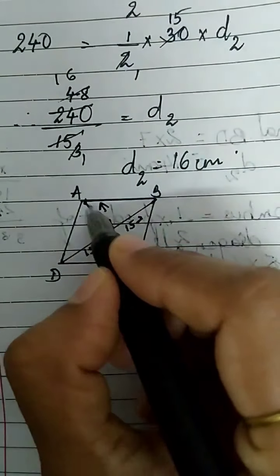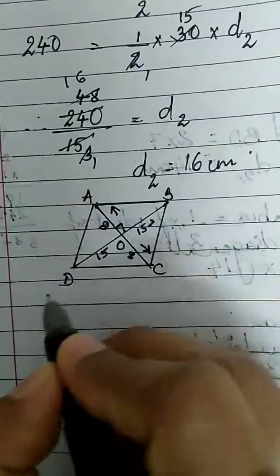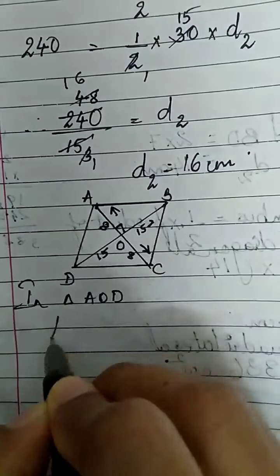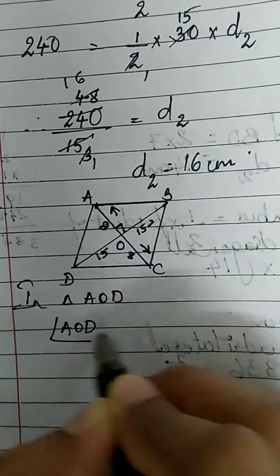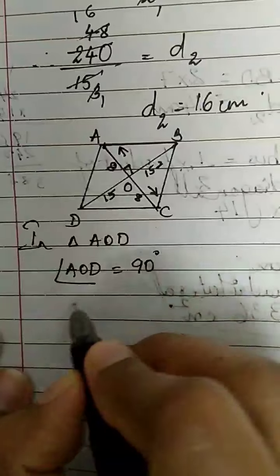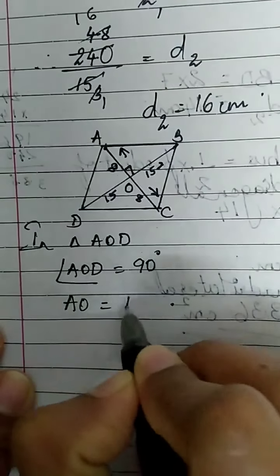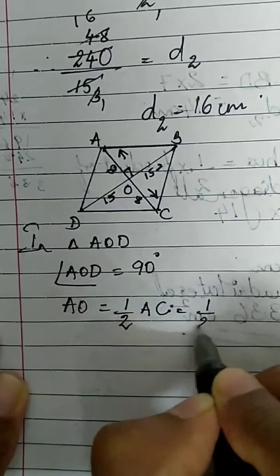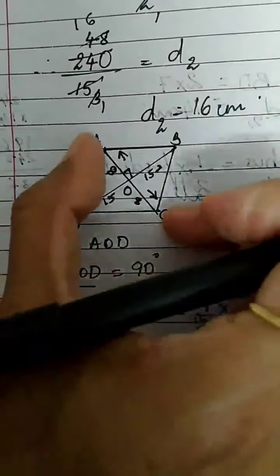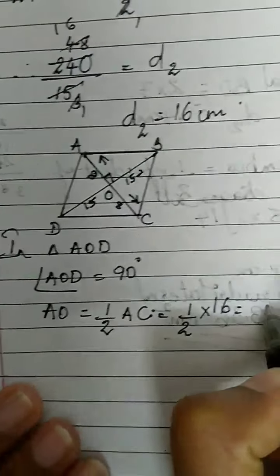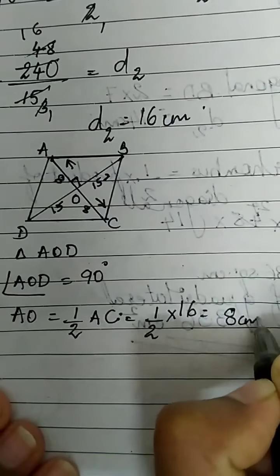Again, you will take this triangle AOD. In triangle AOD, angle AOD is equal to 90 degree. Then you will write AO is equal to half of AC, which is half of 16, which is 8 centimeter.